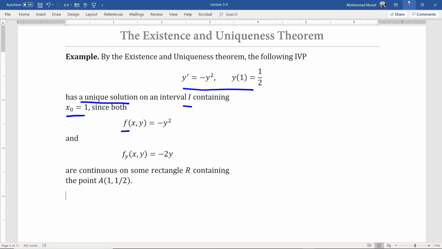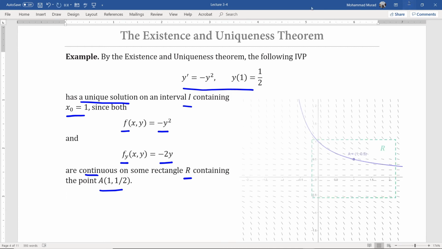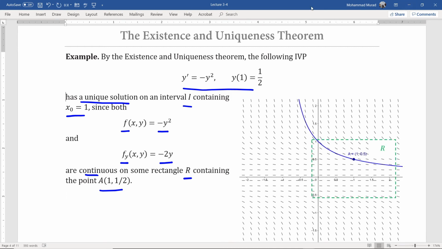Since both f and f sub y, as given by negative y squared and negative 2y respectively, are continuous on some rectangle R containing the point A with coordinates 1, 1/2. The direction field and the solution curve with the rectangle is shown in the figure. This is a representative rectangle. It can be even larger.